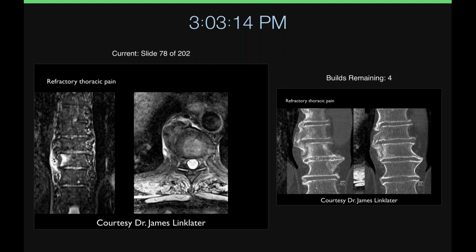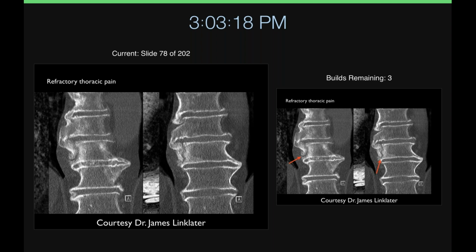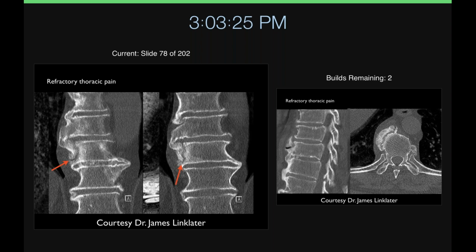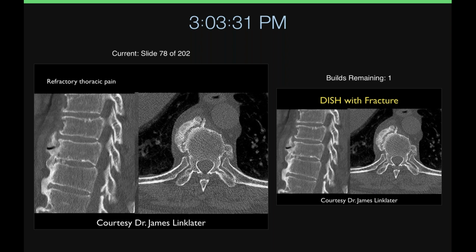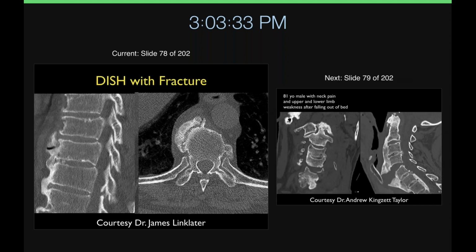It's a perivertebral hematoma. Okay, here's a CT. Okay, so there were bridging osteophytes there, probably a fracture through that osteophyte. So you have these flowing bridging osteophytes. It's actually DISH with a fracture of the osteophyte. Yeah.